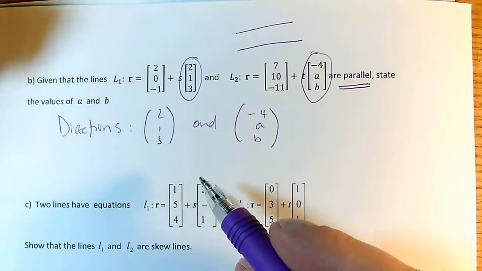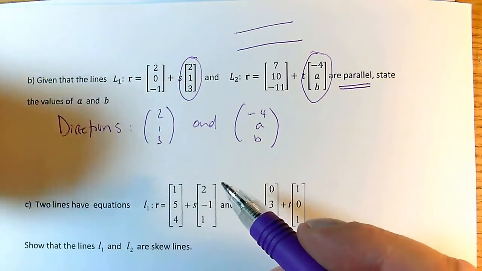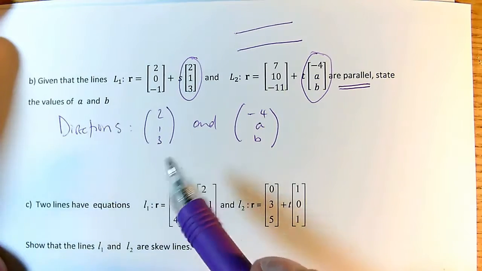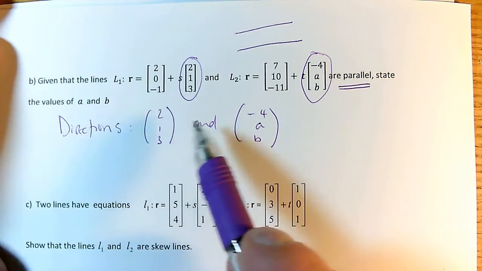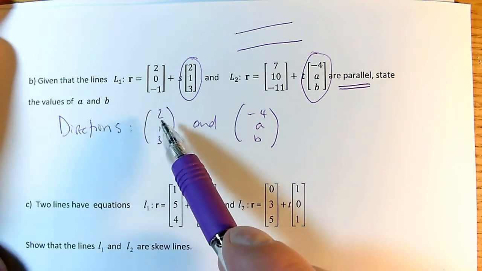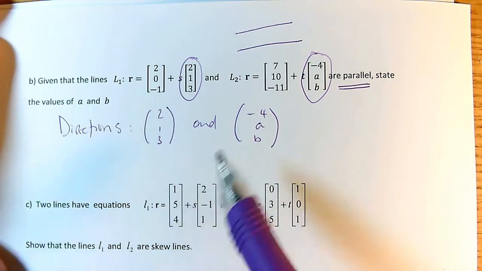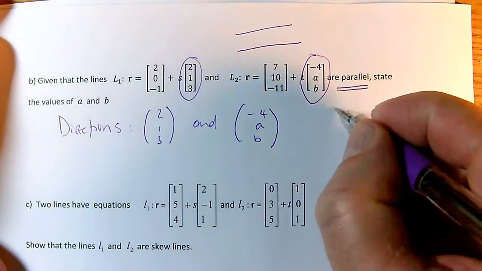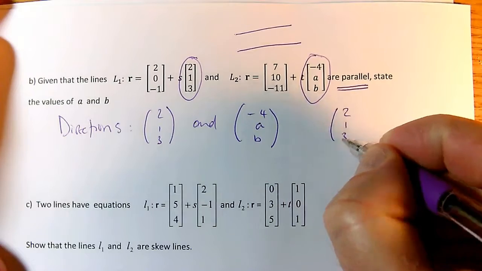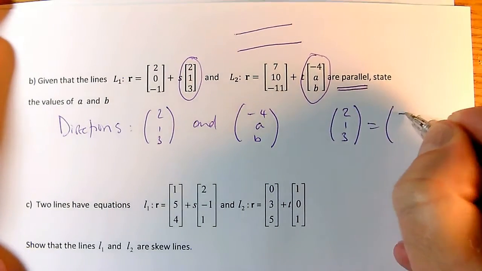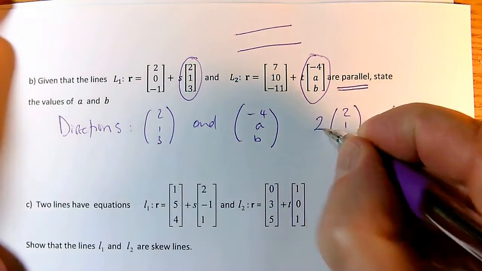Well, remember, for vectors to be parallel, one has to be a multiple of the other. Now, the x values show me what multiple that has to be. In order to turn 2 into -4, I need to take my vector 2, 1, 3 and multiply it by -2.